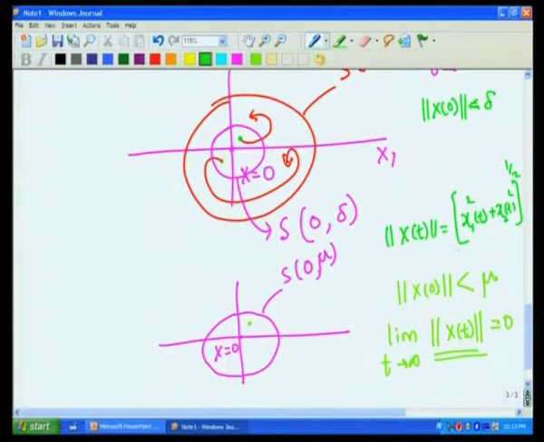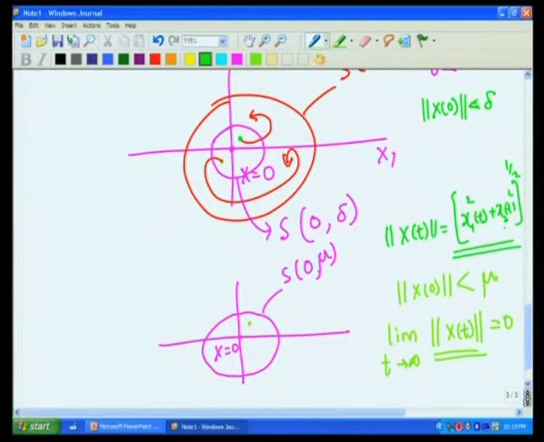If we look at our definition of norm, this can happen only when x1 and x2 individually go to 0, because norm of x of t is x1 square plus x2 square, and the summation raised to the power half. So, for norm of x of t to go to 0 at long times, both x1 has to go to 0 and x2 has to go to 0.